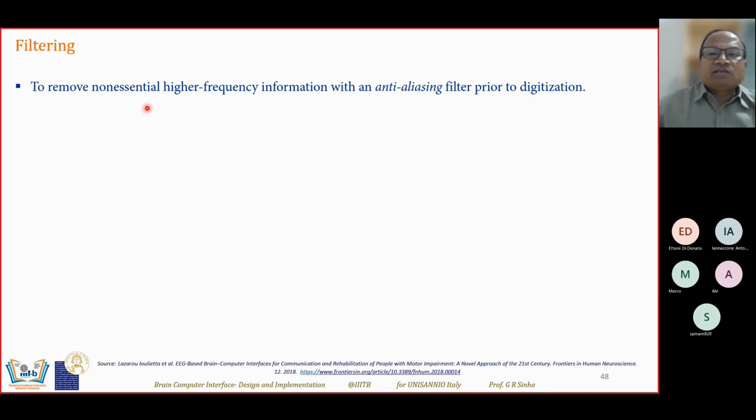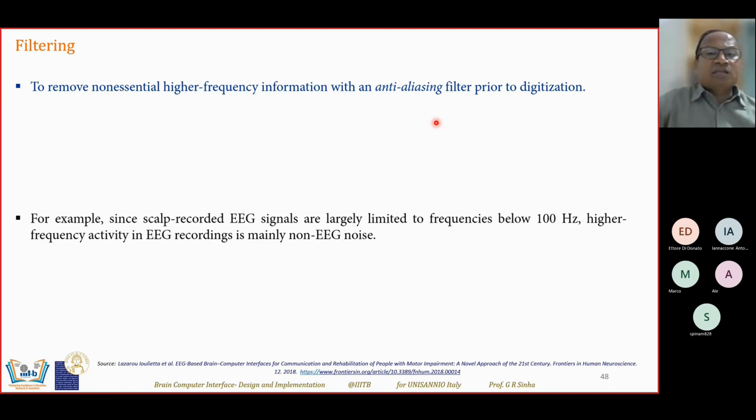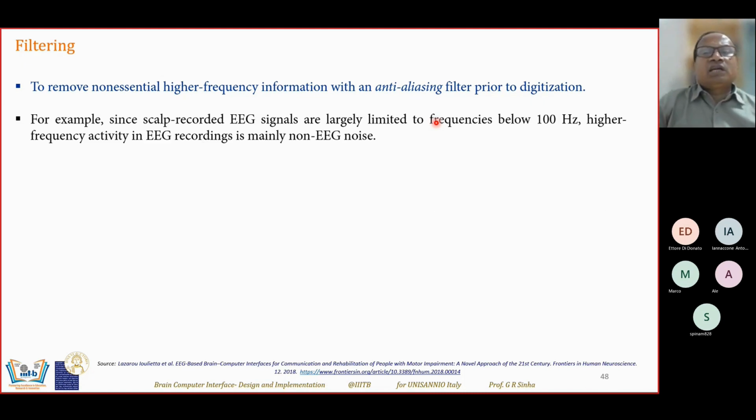Filtering, to remove non-essential components, we can also use an anti-aliasing filter. I have already talked about the anti-aliasing filter in my previous lecture. Anti-aliasing is also a factor when your sampling is poor. This came in the previous slide when we were talking about signal processing of BCG, ECG, and biomedical BCI application.